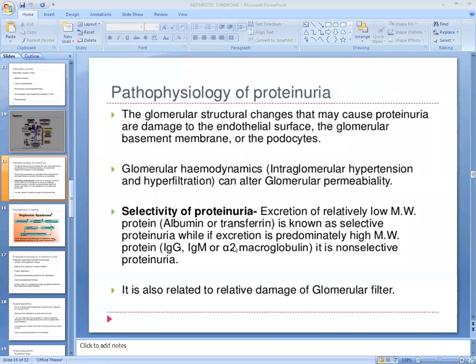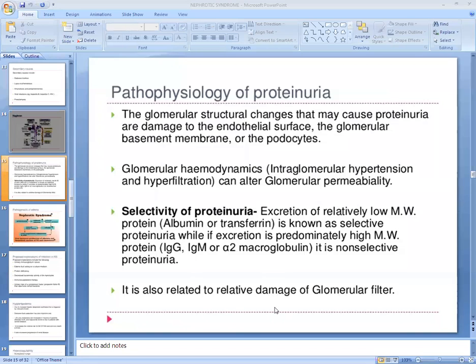While if excretion is predominantly of high molecular weight proteins like immunoglobulins and alpha 2 macroglobulin, then it is called non-selective proteinuria. So it is also related to damage of the glomerular filter. So selective proteinuria, non-selective proteinuria.